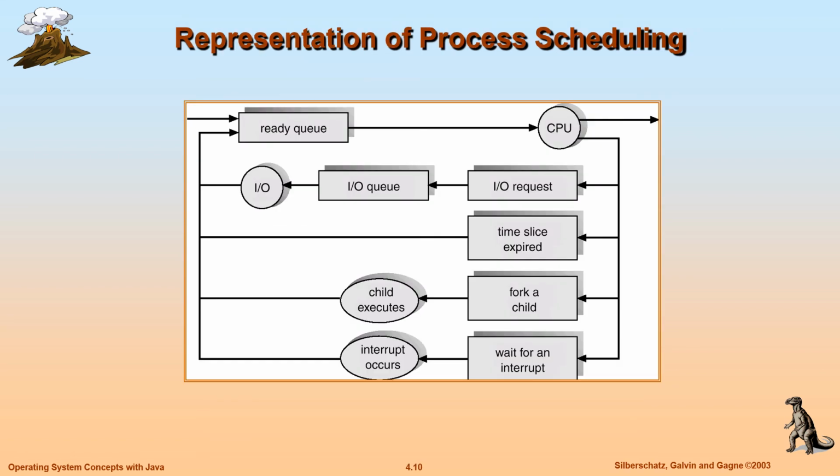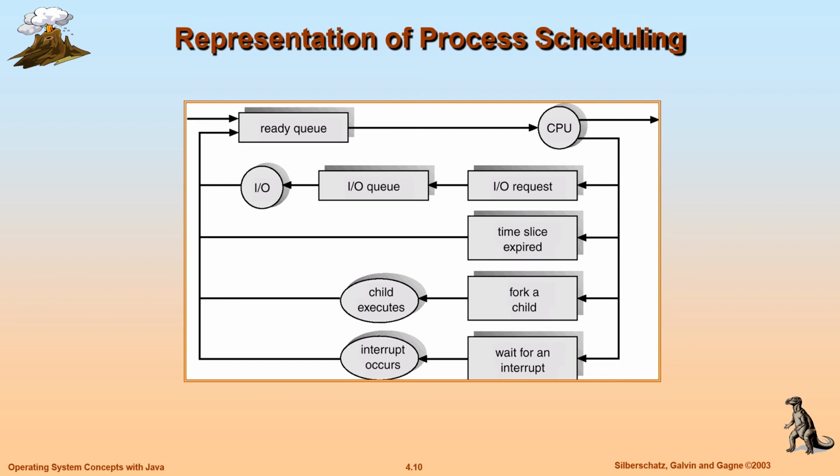This diagram is a representation of process scheduling, as we discussed just now. All the processes first in the job queue are ready to be executed by the CPU. While a particular process is in the executing state in the CPU, it may go to any one of several states. Maybe it needs an IO request, then it will go to the IO queue. If that process's time slice expires, then it will come back here.